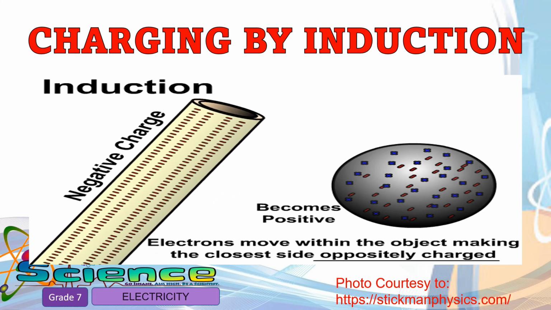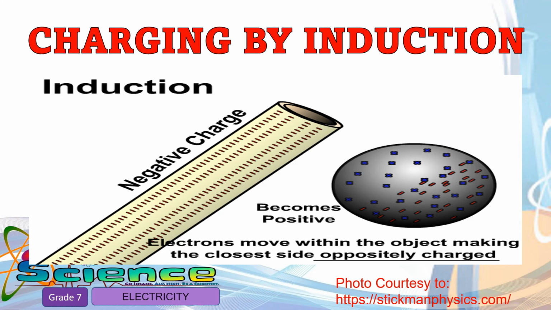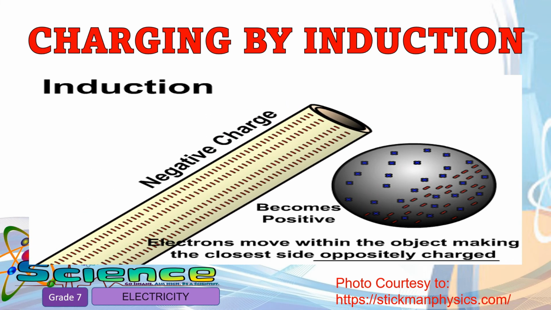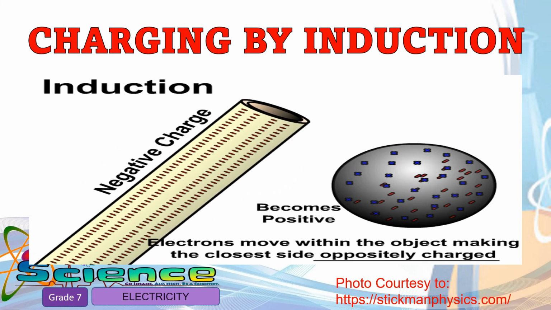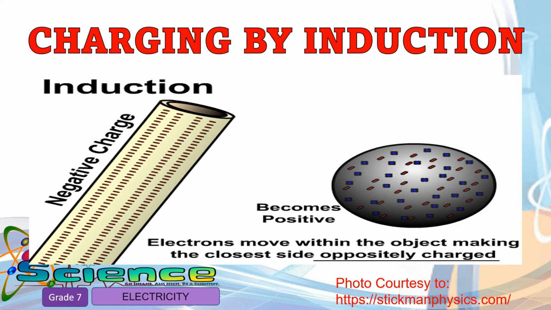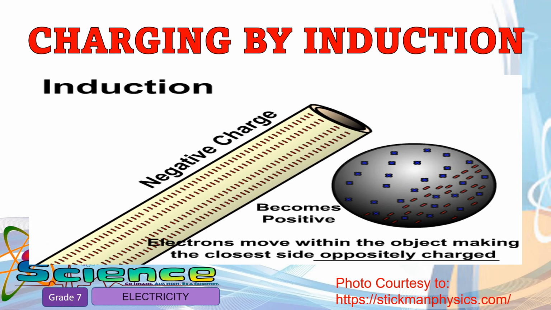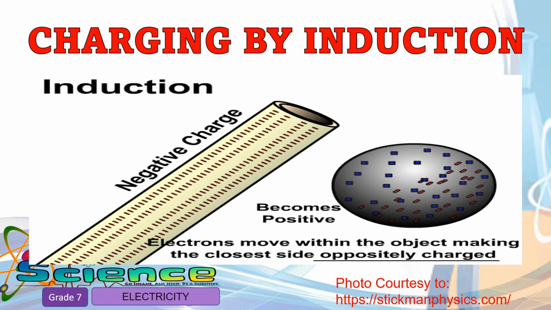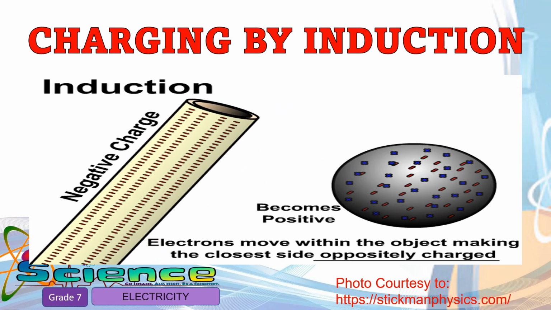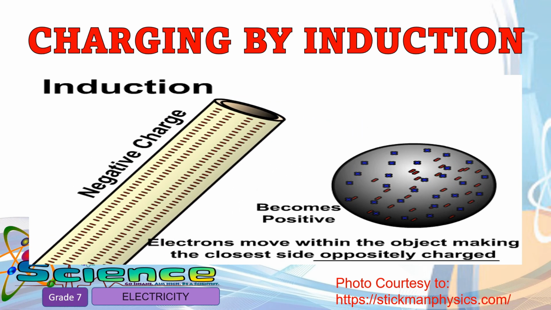Why do the electrons of the metal sphere move to the other side, away from the rod? Correct. Because the rod has negatively charged particles, or electrons, it repelled the electrons of the metal sphere. Remember, like charges repel and unlike charges attract.